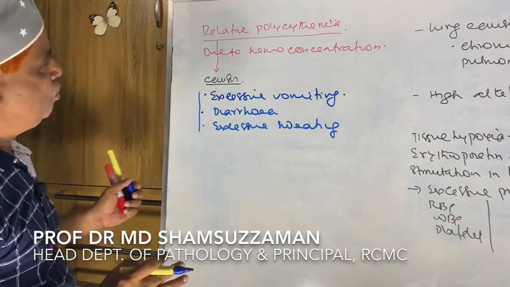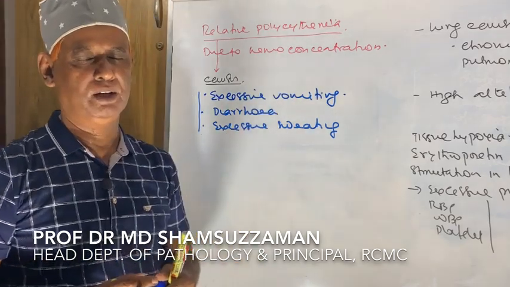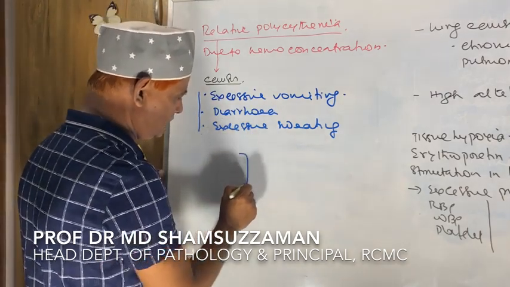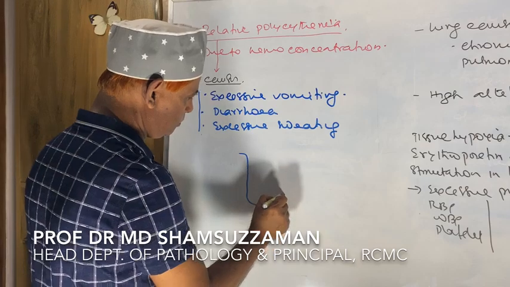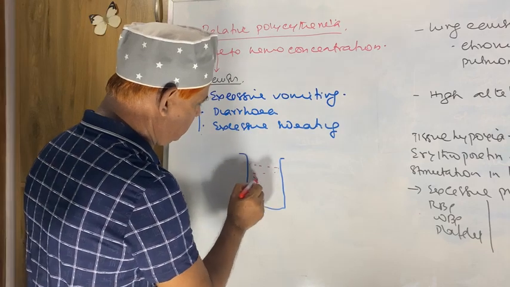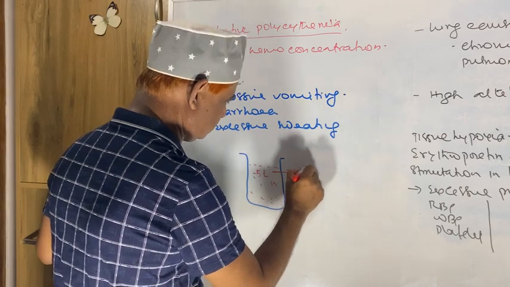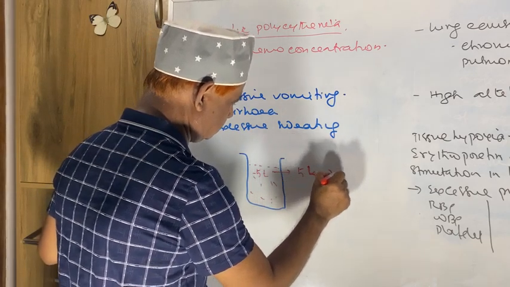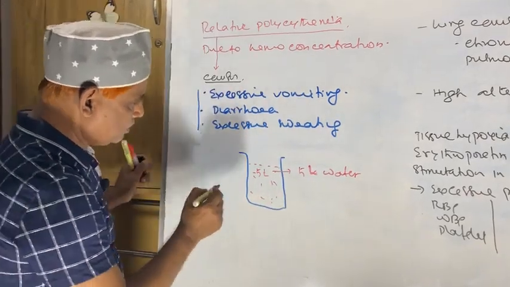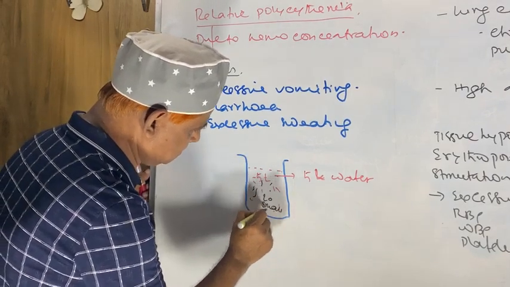Dear audience, we can compare relative polycythemia with an example. Suppose this is a bucket and this bucket has 5 liters of water, and within it there are 20 small fishes.